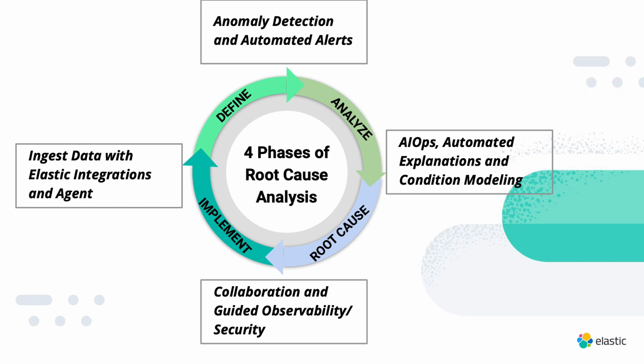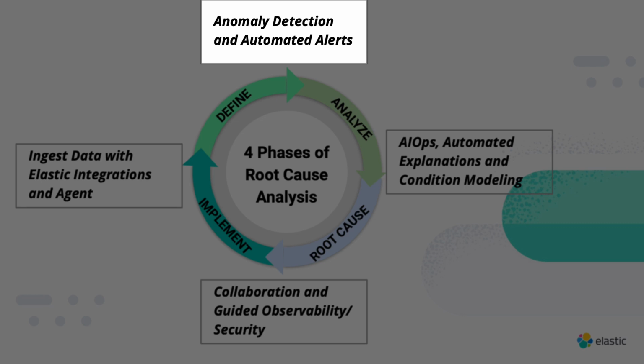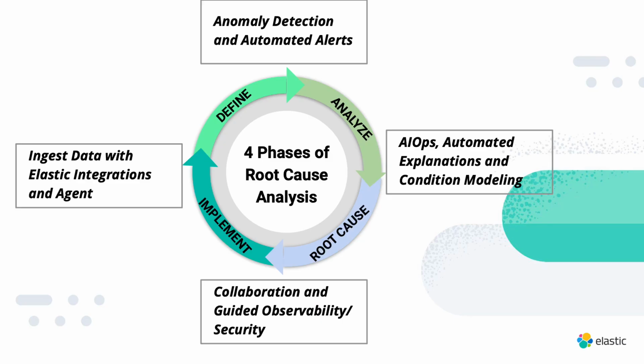After having the data in Elastic, before you can get to root cause, you need to identify the issue, find it in your data. And for that, Elastic's anomaly detection works great. Elastic Observability and Security come with pre-configured detectors, or you can use our wizards to configure your own anomaly detection model.